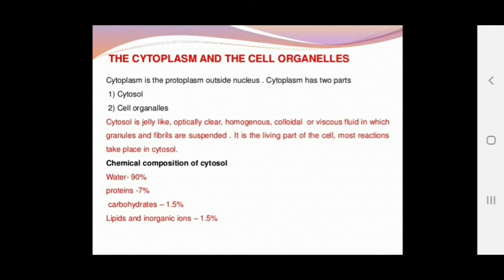The cytosol is a jelly-like, optically clear, colloidal or viscous fluid in which granules or fibrils are suspended. It is the living structure of the cell. That's why it is also called the protoplasm. And most reactions take place in this cytosol only. The chemical composition consists of 90% water, protein, carbohydrates, lipids, and some inorganic ions are also present in this cytosol.